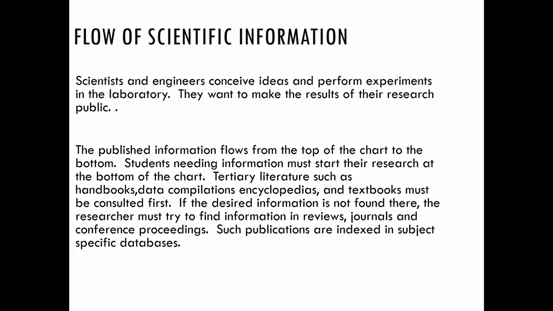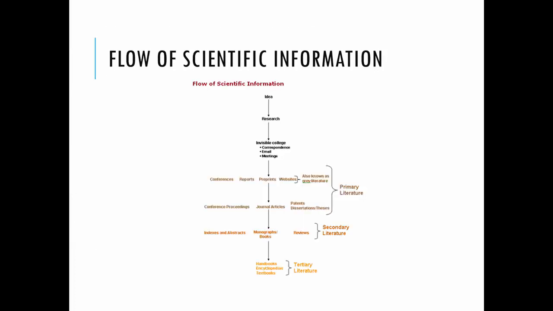There's a flow of information from somebody who's creating it in the laboratory to somebody who's using it later. So look at this chart here. The state-of-the-art research is usually found in journal articles, but that information filters down eventually to handbooks, encyclopedias, textbooks, and data compilations, which are known as tertiary literature.